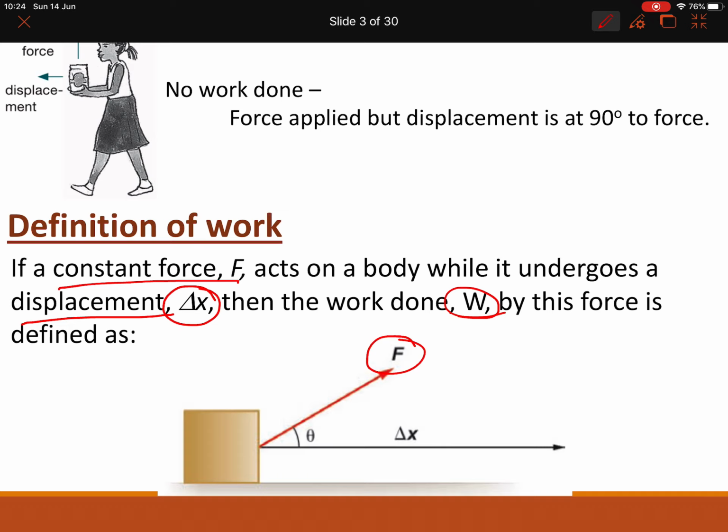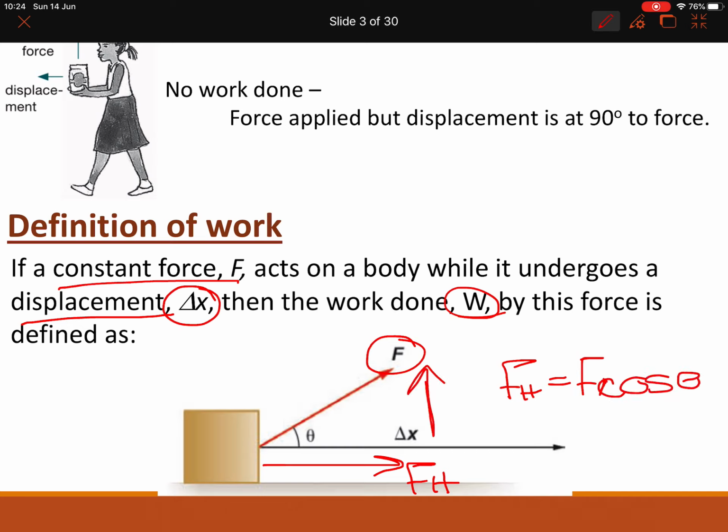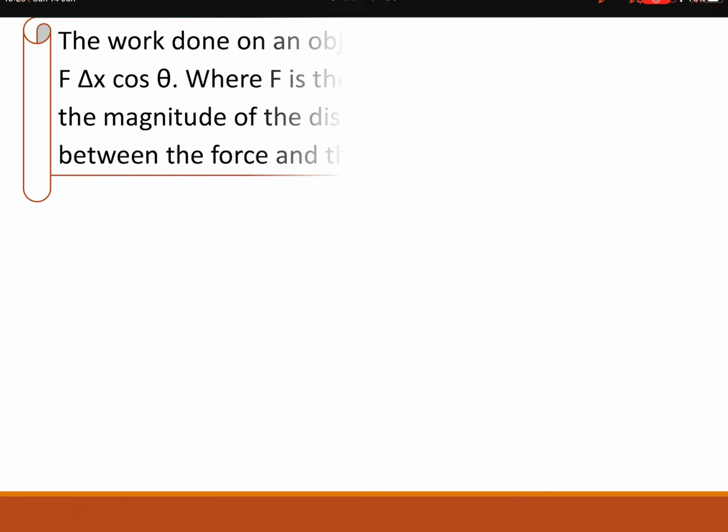Now remember, when we look at this, we're actually concerned with the horizontal force. And we've done earlier that my horizontal force is F cos theta. Remember, when we put it into its components, the horizontal force is F cos theta. So theta is really important because we're looking at the horizontal displacement.